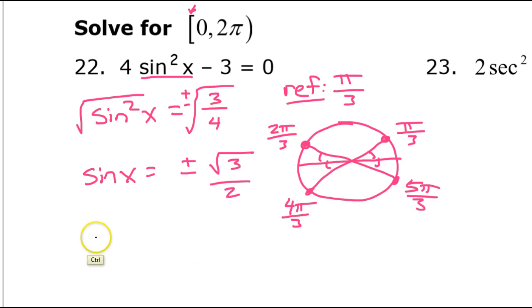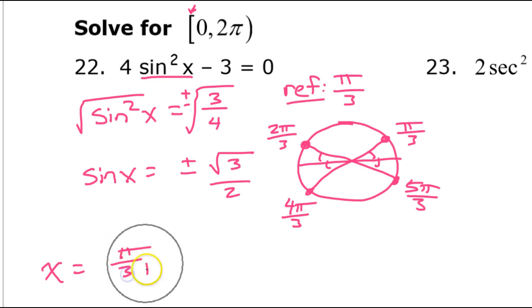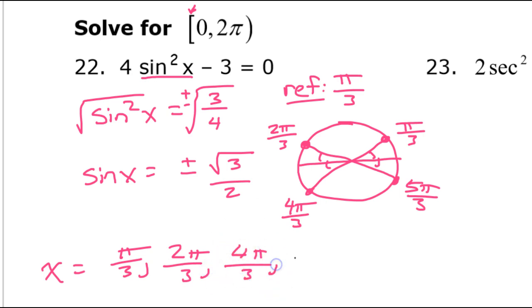So these are the 4 solutions. Okay, I'm just going to recopy them. So x is equal to pi over 3, 2 pi over 3, 4 pi over 3, and 5 pi over 3.